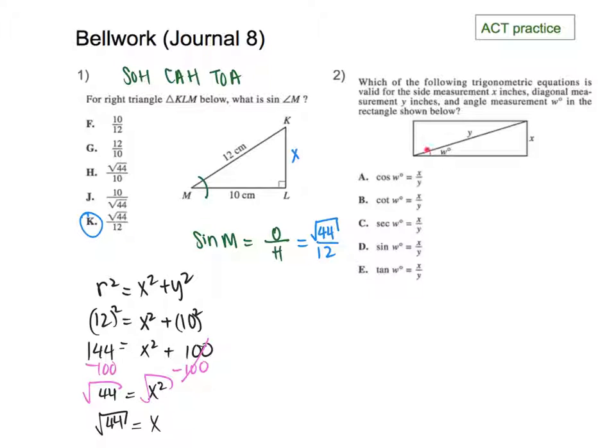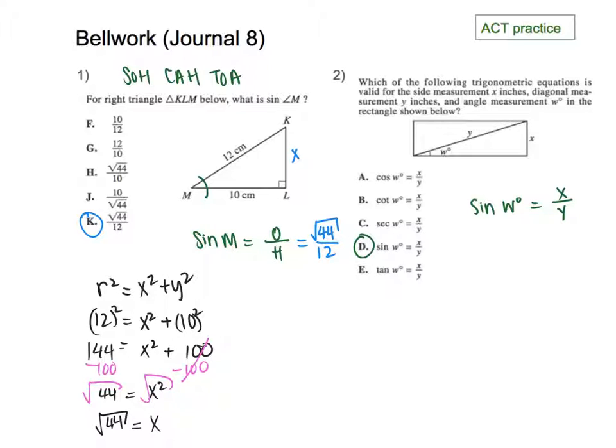If you look at the triangle here, you only have the opposite over hypotenuse. What takes in opposite and hypotenuse? Isn't that just sine? So if we have a sine here for w, that would just be your x over y. Do we have a sine? Yeah, we do. So in this case, it would be D.